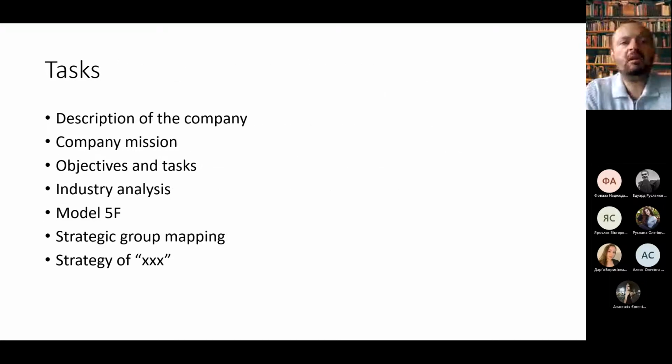Within the course, we will speak about the general chain of strategic management at business strategy level. Your paper will consist of 7 tasks, and the tasks are presented here.